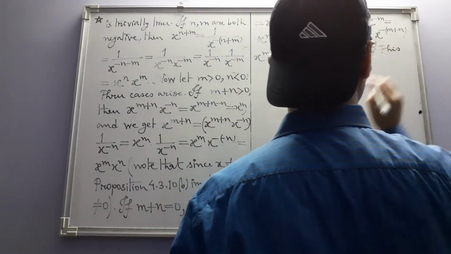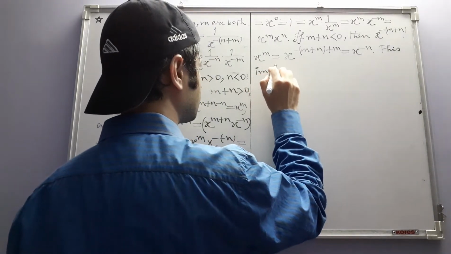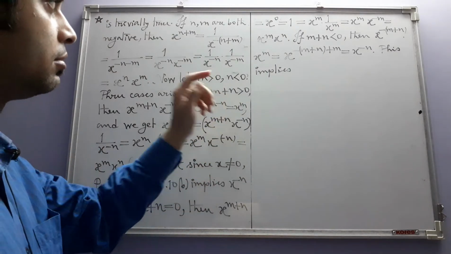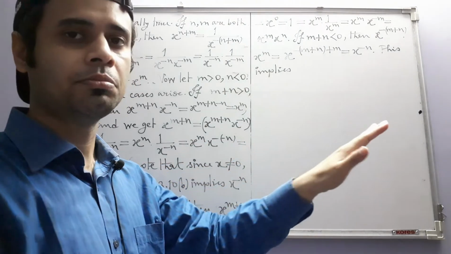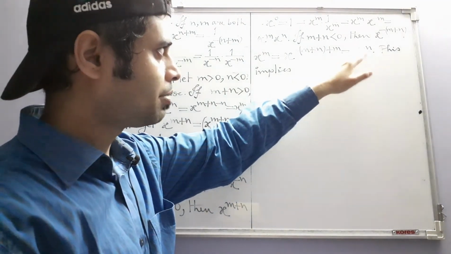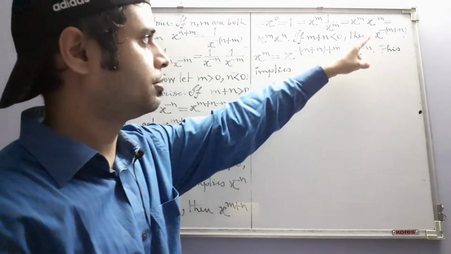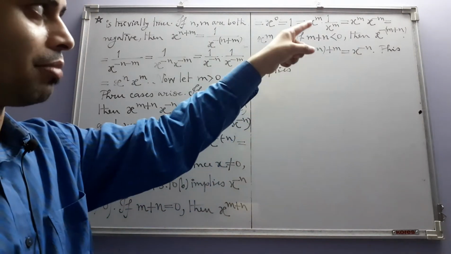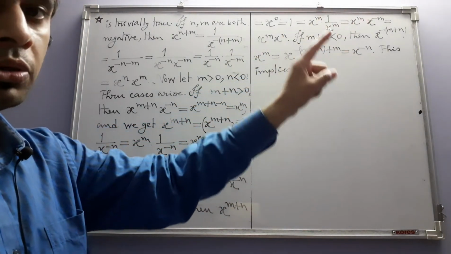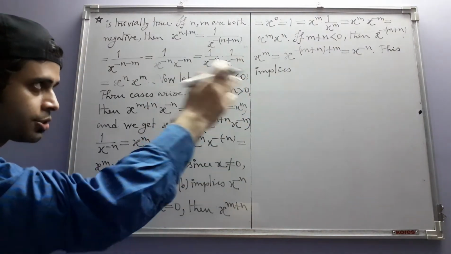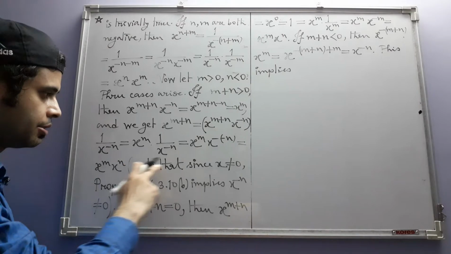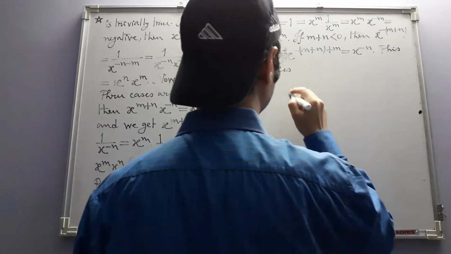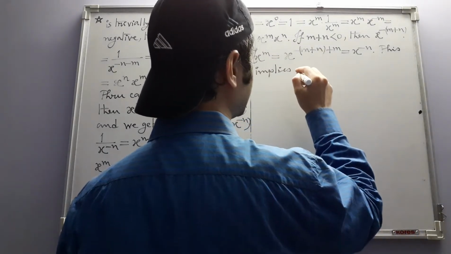This implies we can divide both sides by x to the power minus n times x to the power minus of m plus n. Why? Because x is non-zero and minus n and minus of m plus n are both positive, so the corresponding powers are also non-zero. So we can divide both sides by that. Doing so, we get what?